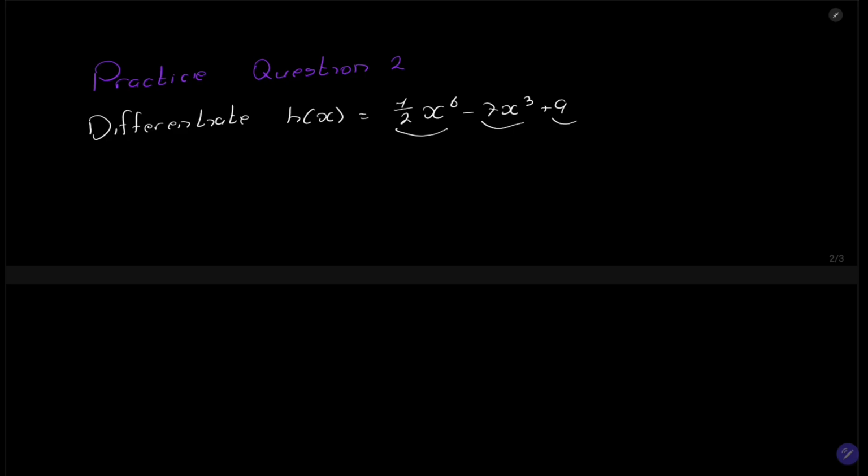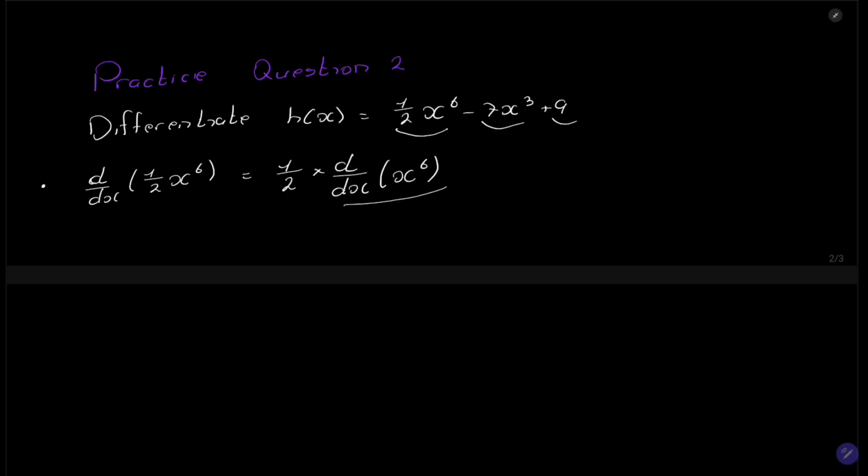So we're going to start with our first term, half x to the power 6. The derivative with respect to x of half x to the power 6 is the same as half, using our constant multiplier rule where we isolate the constant before we perform the derivative, times the derivative with respect to x of x to the power 6.